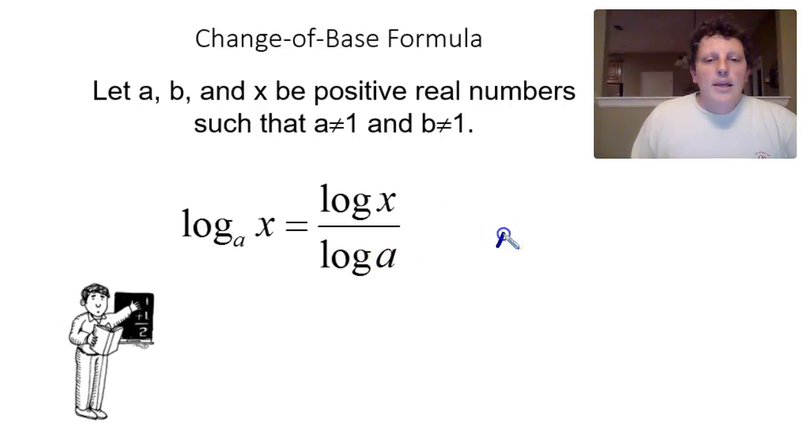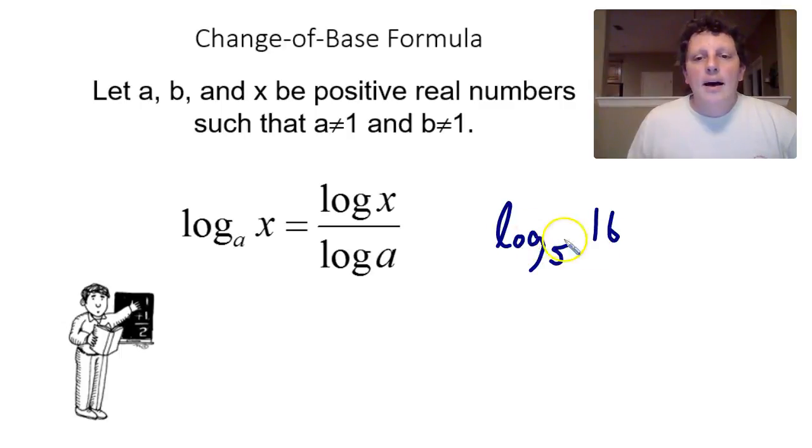For example, if I had log base 5 of 16, my calculator may not give me the option to type in this type of logarithm with a base of 5.